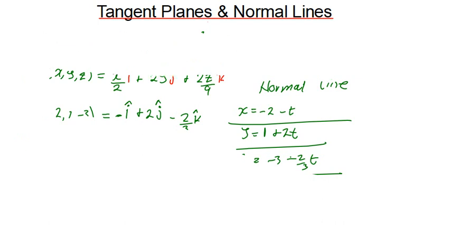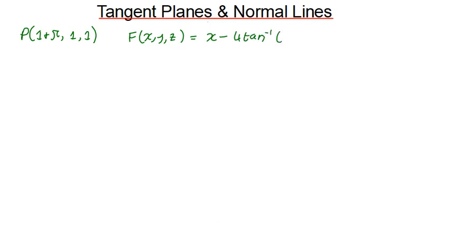Let's try to look at another example. Let's say we need to find the equation of the tangent plane at the point P, which is (1 plus pi, 1, 1), for the function f(x, y, z) equals x minus 4 tan inverse of yz minus z.